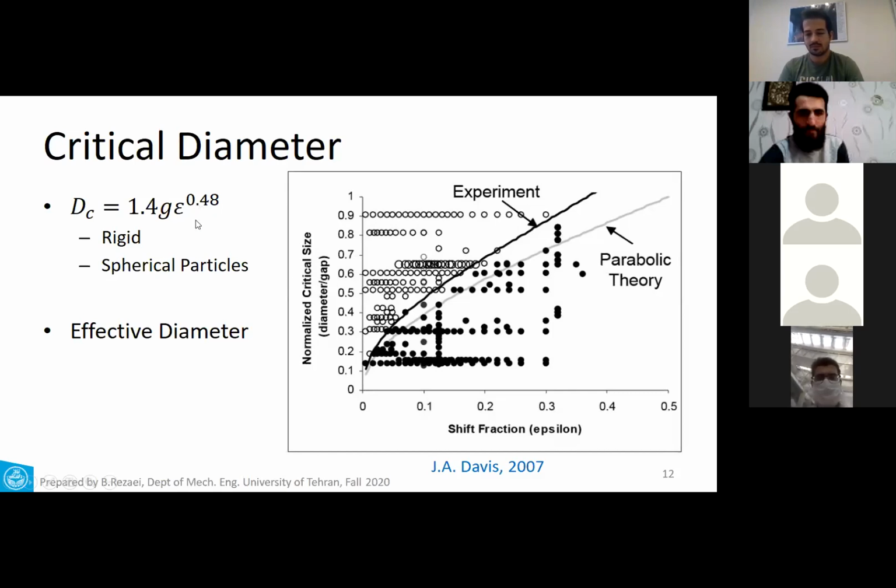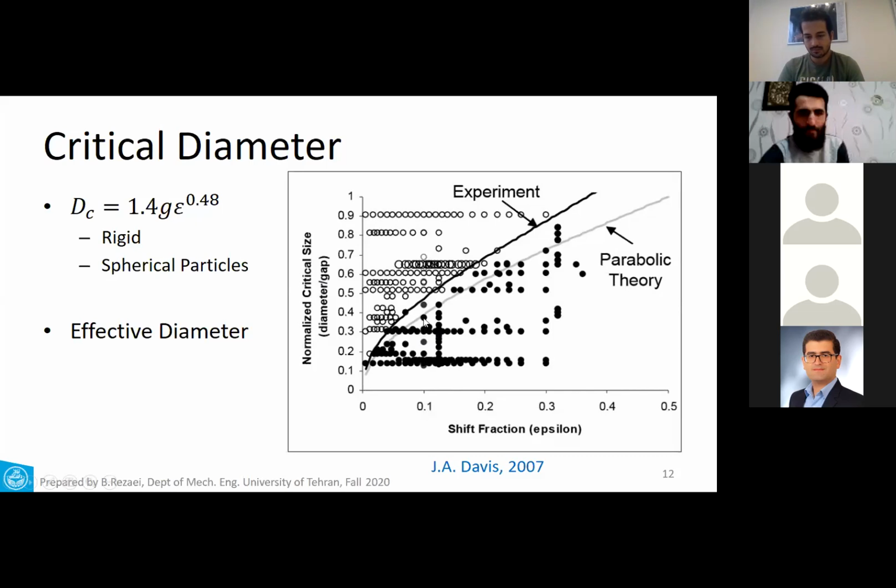Mr. Davis has proposed this experimental formula. It was not done by simulation, it was done experimentally. And you can see in the right picture how many experiments he has done. For example, for the value of 0.1 for the epsilon, the shift fractionation, you see how many circles there are.